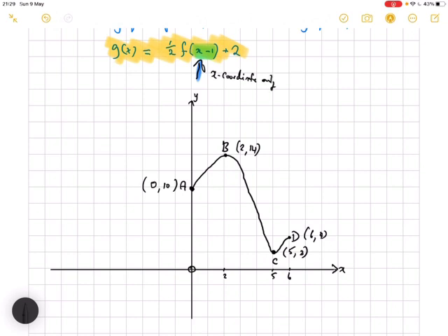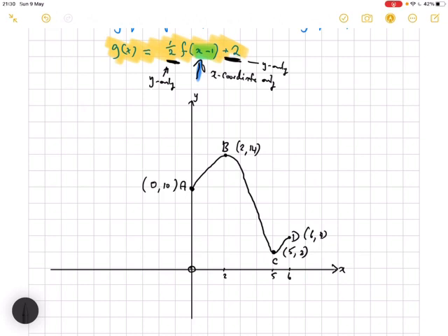And conversely, things that are outside the bracket, so the half here and the +2 here, they will only affect the y coordinate only. That's basically it.